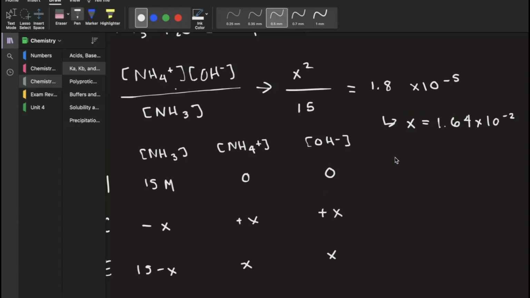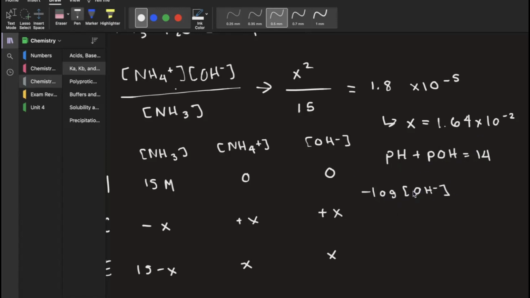Now, recall that pH plus pOH is equal to 14. We also know that to get pOH, we take the negative log of our OH negative concentration.